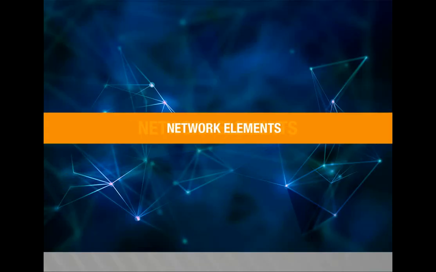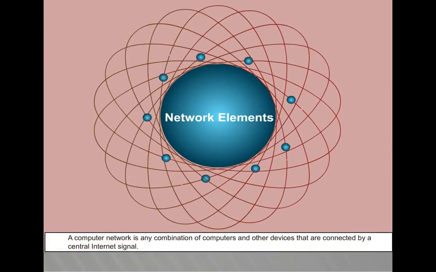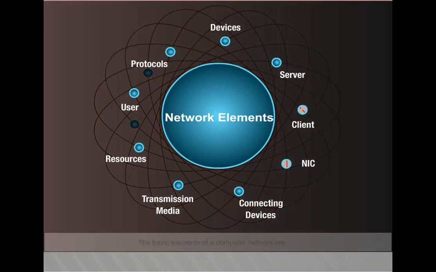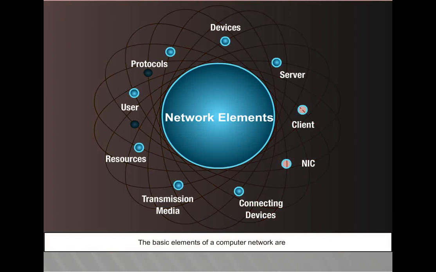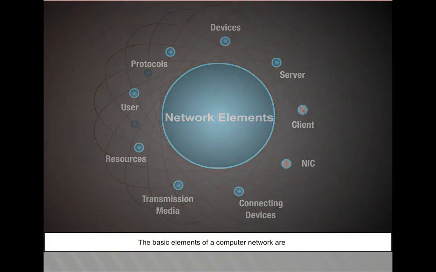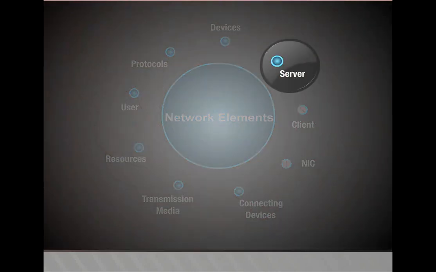Network elements. In this video, we are going to learn about network elements. A computer network is any combination of computers and other devices that are connected by a central internet signal. The basic elements of a computer network are: Server.